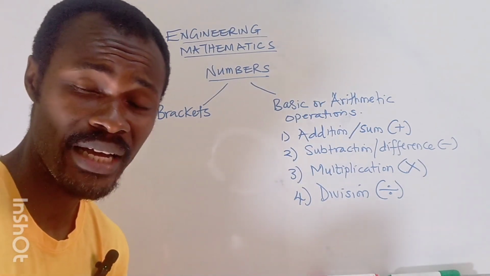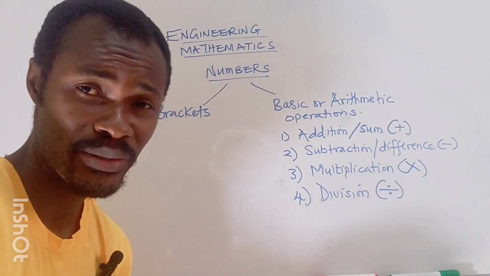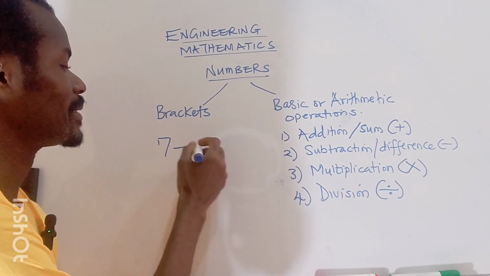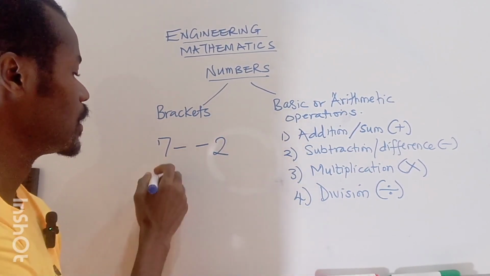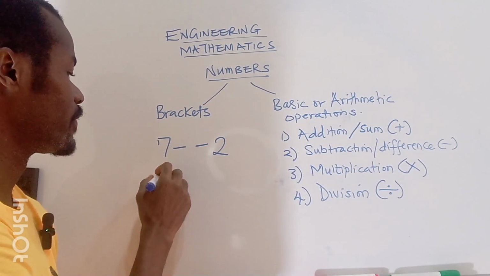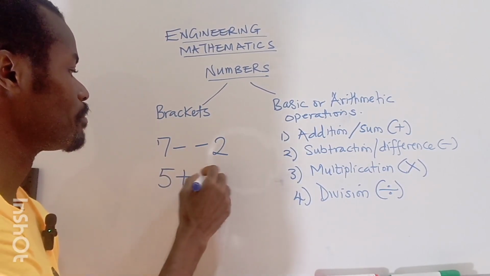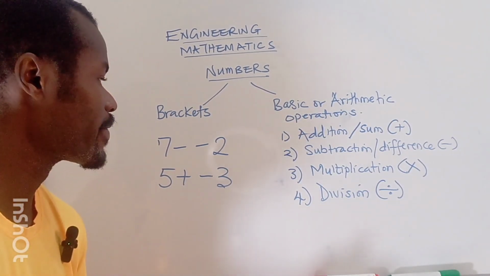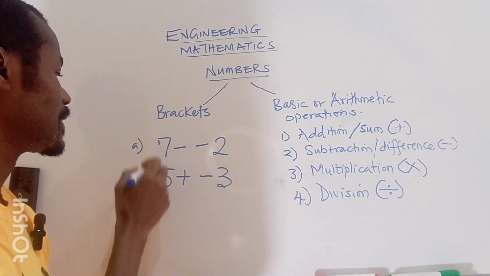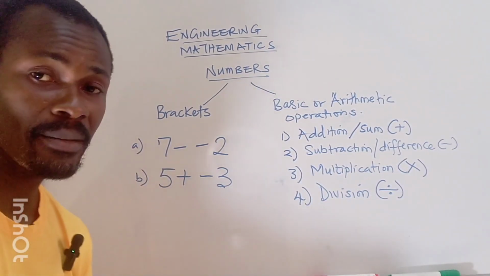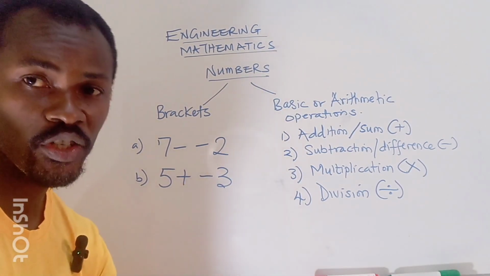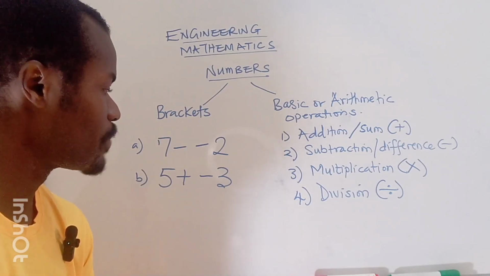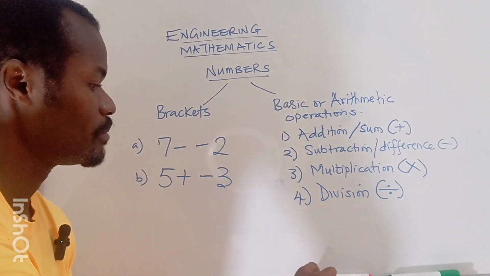For instance, if I write 7 minus 2, or 5 plus minus 3, you don't want to write problems like this in maths or engineering maths. So all you need to do is separate the negative numbers.